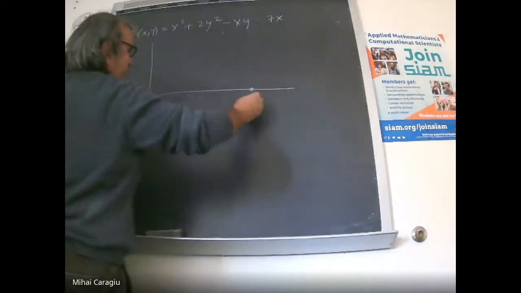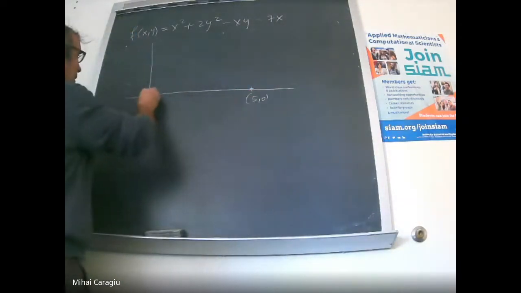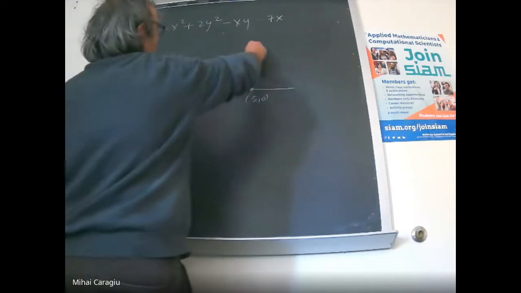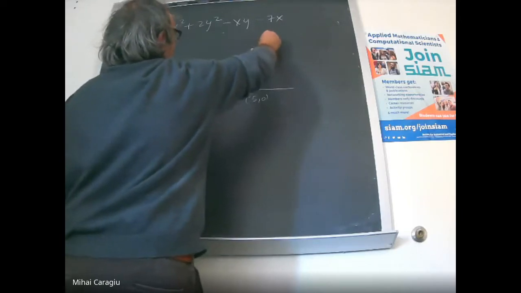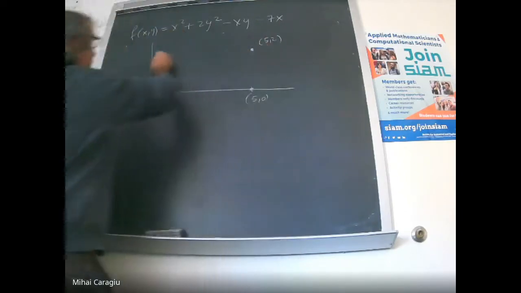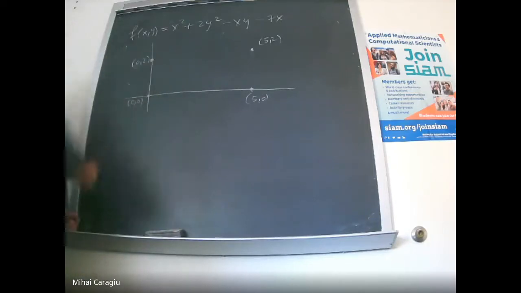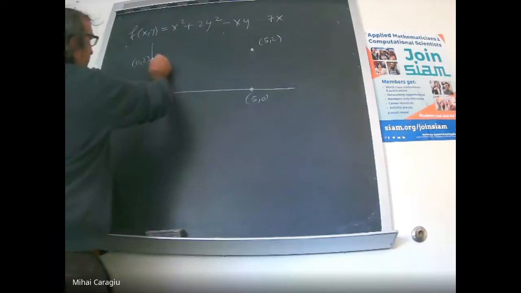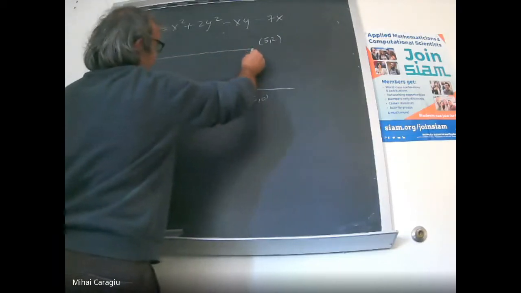We have the corners of the rectangle: 5 and 0, 0 and 0, here 5 and 2, and here 0 and 2. And this will be the compact domain over which we need to find the absolute maximum and absolute minimum values of the function.